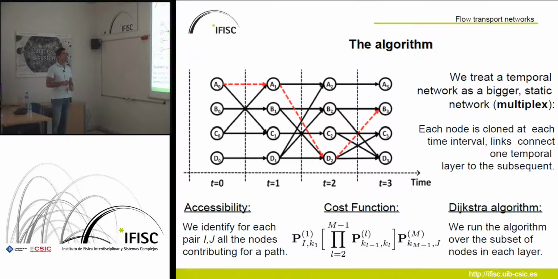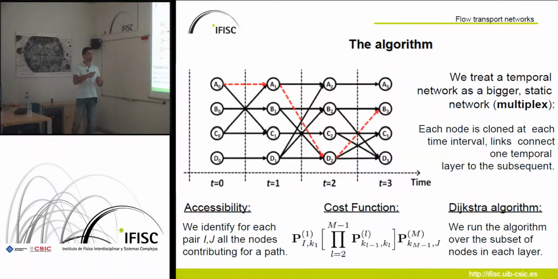This is done by duplicating, cloning each node at each time step. After this, we can look for paths in a static network, paths that will be, of course, causal, so the direction of time is conserved.